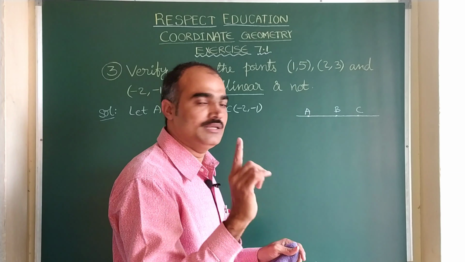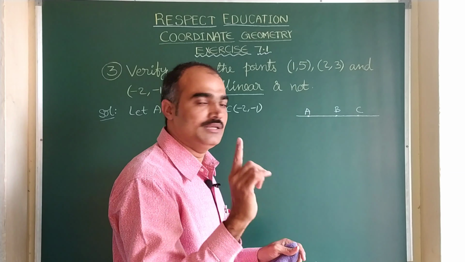Now let us substitute here. First (x2 minus x1) whole square: (2 minus 1) whole square, plus (y2 minus y1): (3 minus 5) whole square. So 2 minus 1 is 1, so it is 1 square plus 3 minus 5 is minus 2, so (minus 2) whole square, under root.